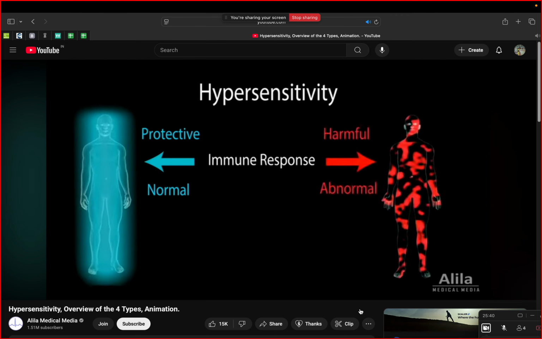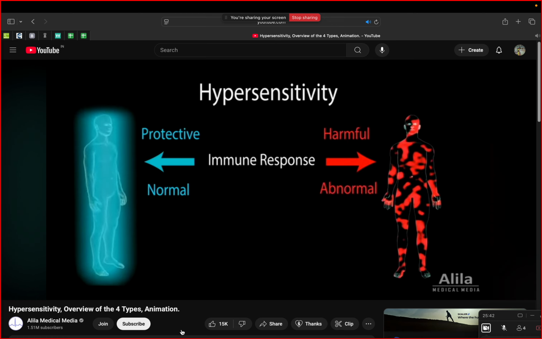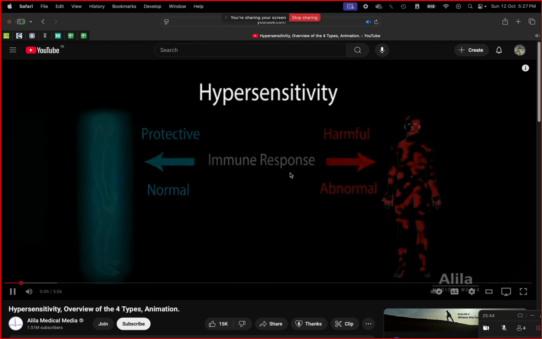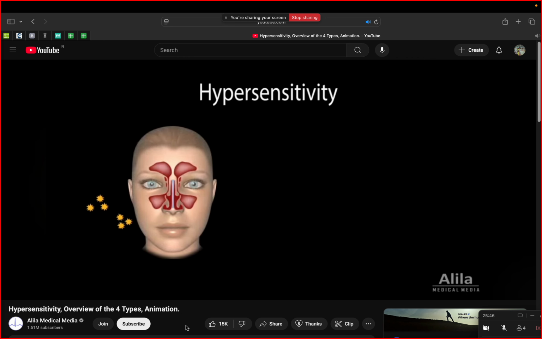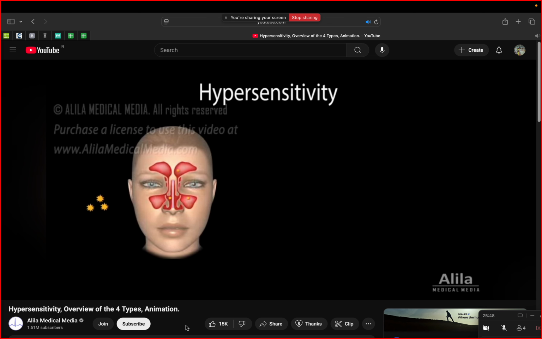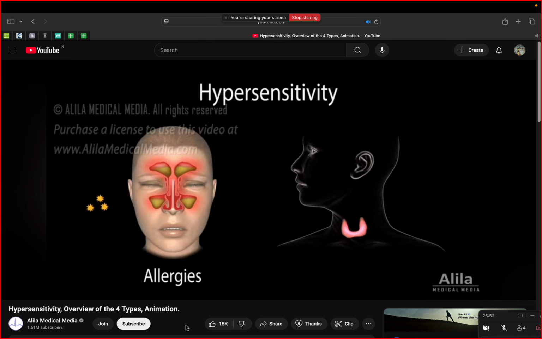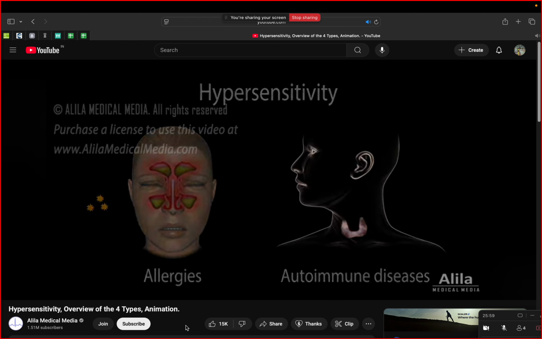Hypersensitivity refers to abnormal reactions of the immune system against certain antigens. It includes exaggerated reactions to otherwise harmless environmental antigens, commonly known as allergies, and inappropriate reactions against the body's own antigens, or autoimmune diseases.